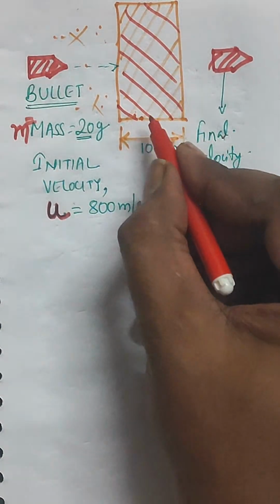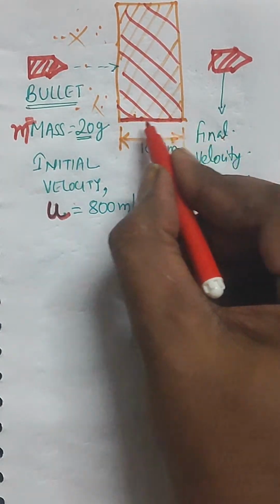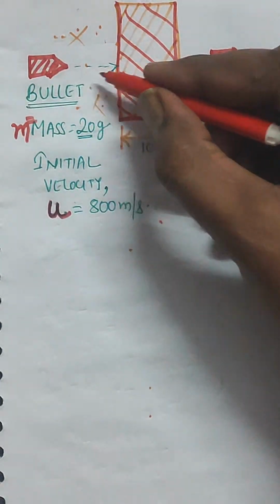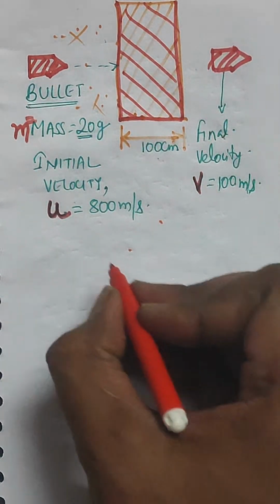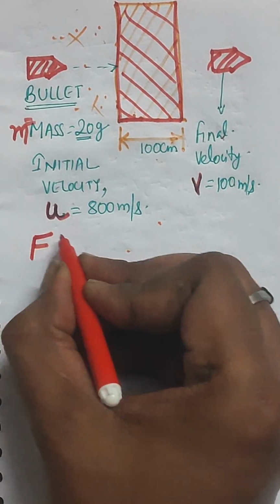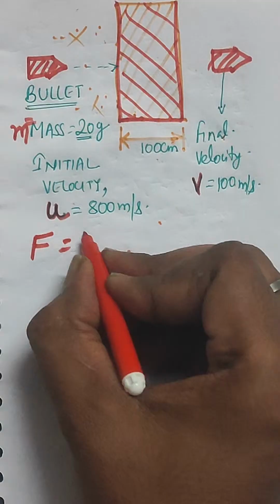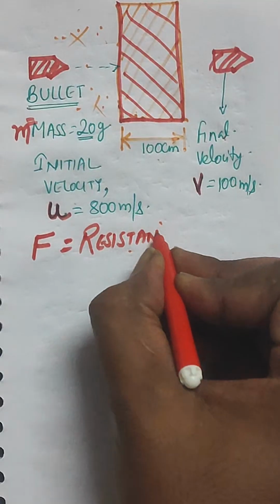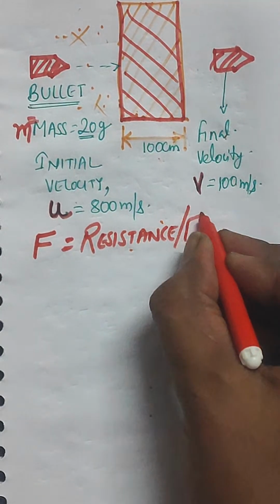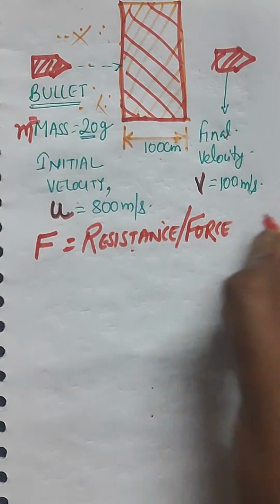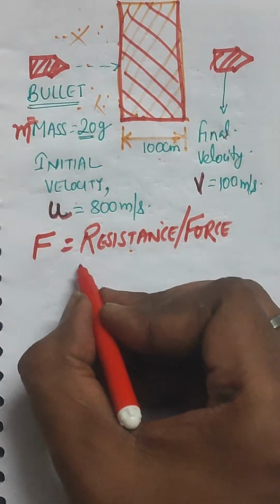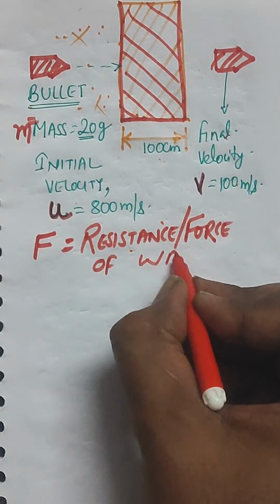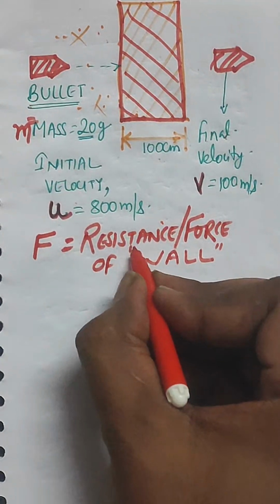So let us say the wall stops the flow of the bullet with a force, and that force is equal to F. Let F be the resistance or force, definitely the force of wall on bullet.